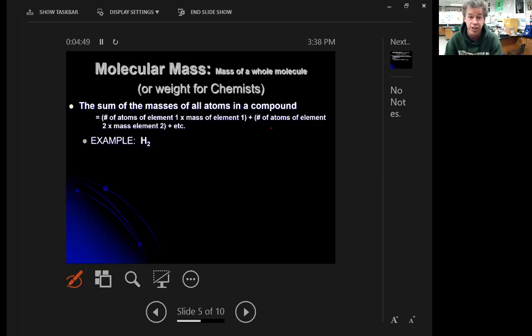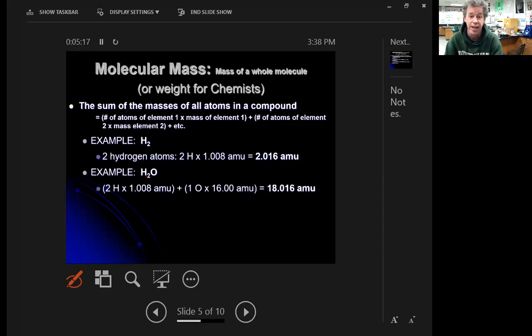So for example, for H2, not a very complex molecule, there's just hydrogen, and there's two of them. So there's two hydrogen atoms. Using the periodic table, each hydrogen atom is 1.008 AMUs. So 2 times 1.008 is 2.016 AMUs. We could look at water.